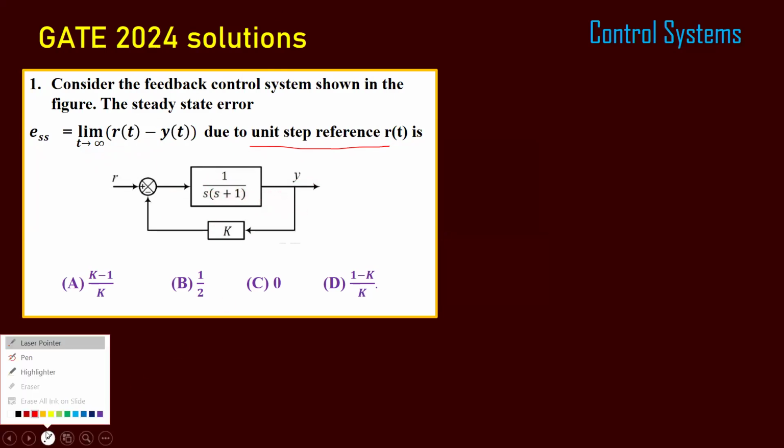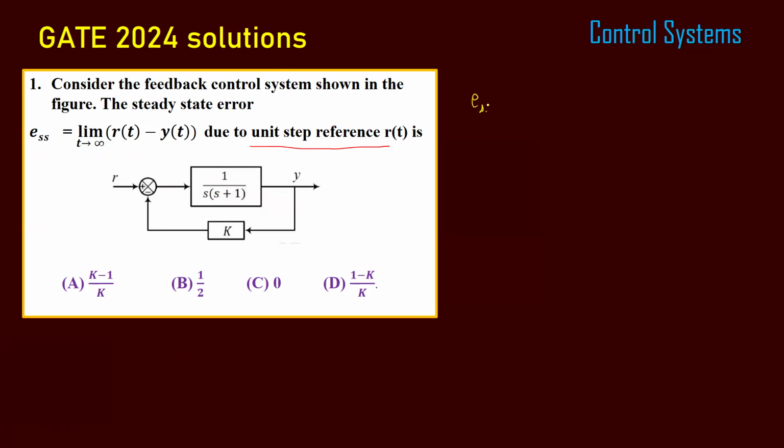First, I will write the normal formulation for steady state error. ESS in t domain is limit t tends to infinity of e of t. In S domain, limit S tends to 0 of S into E of S. In this problem, they have given the steady state error as the limit t tends to infinity of the difference between input and output, that is r of t minus y of t.